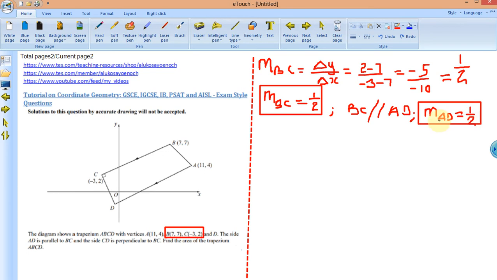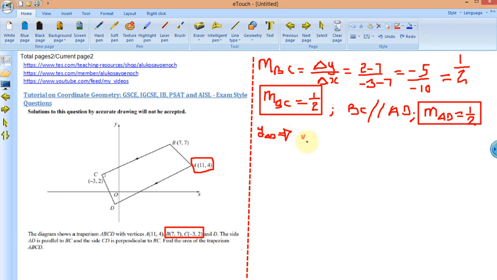Now I can go ahead with the equation of straight line AD. We are looking for the equation of line AD. Since this is AD, my x1 and y1 will be 11 and 4. So let's go ahead with the equation of line AD. I don't need to write AD, so I'll just write y.